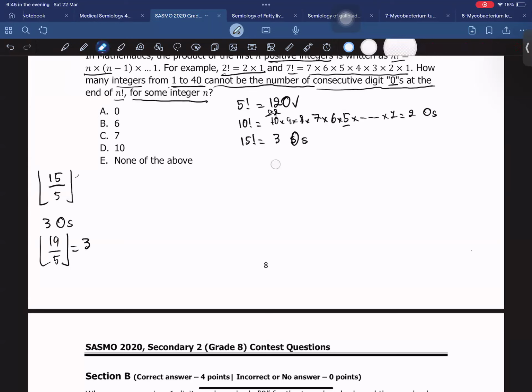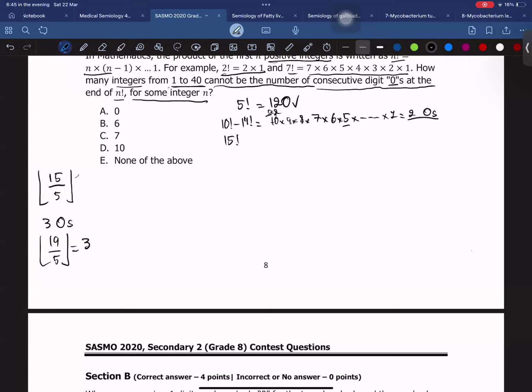Okay, so the trick is we need to find the number of zeros. From 10 factorial to 14 factorial, we get 2 zeros.